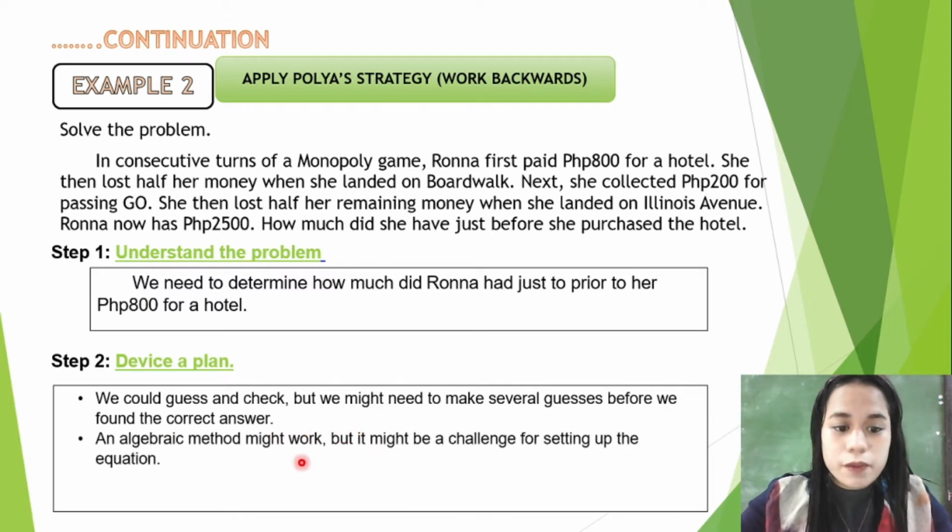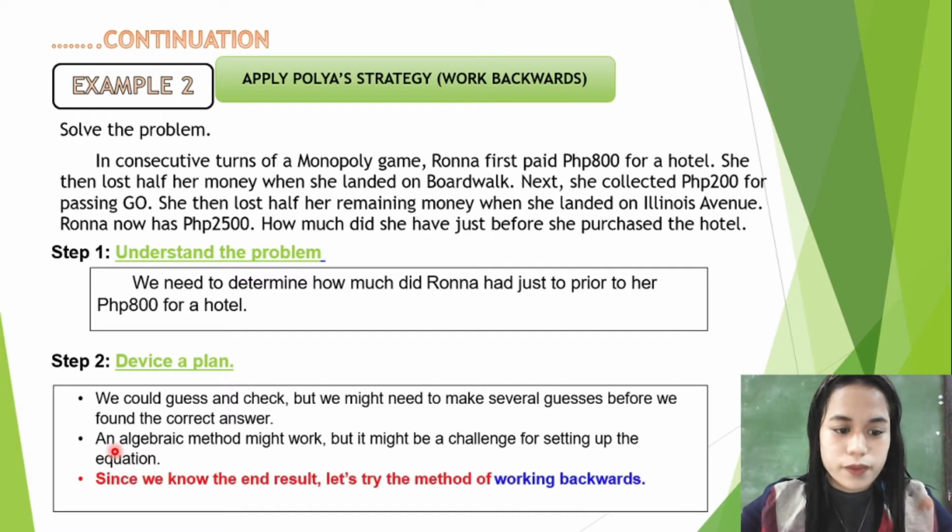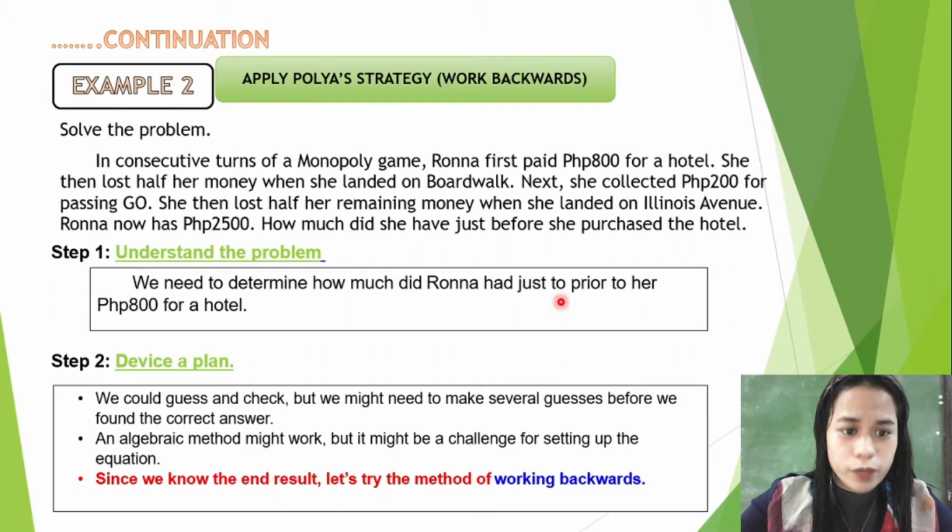An algebraic method might work, but it might be a challenge to set up the equation. Since we know the end result, 2,500, let us try the method of working backwards.